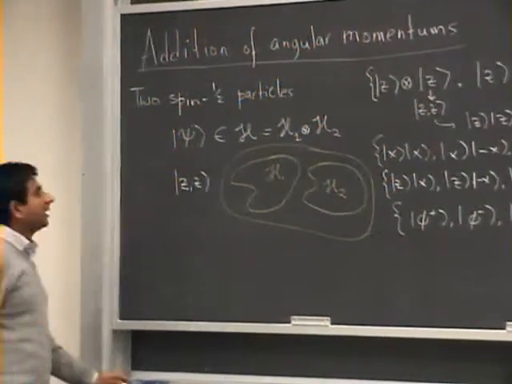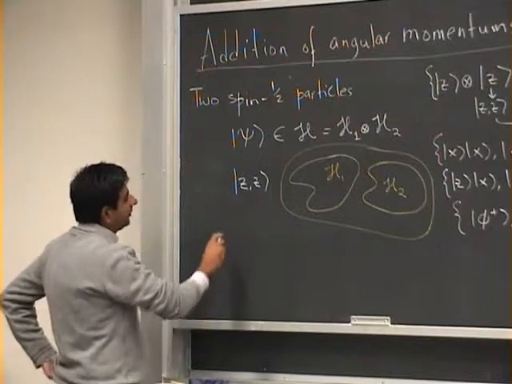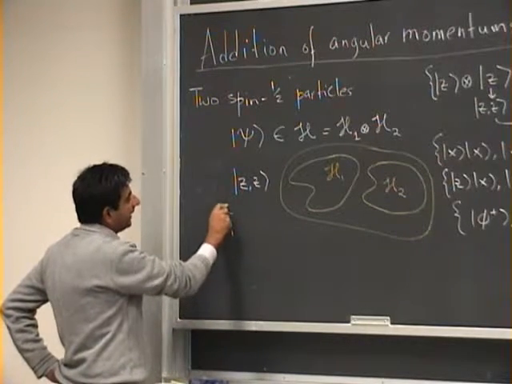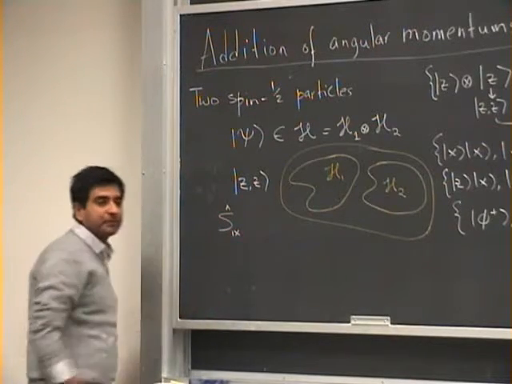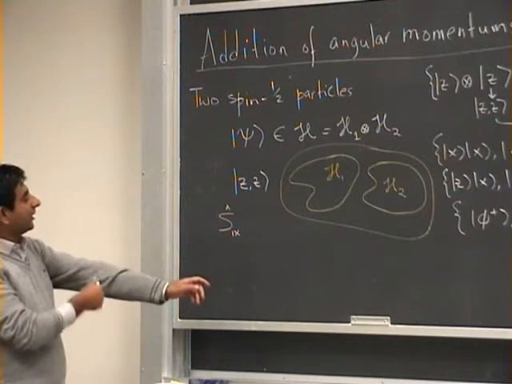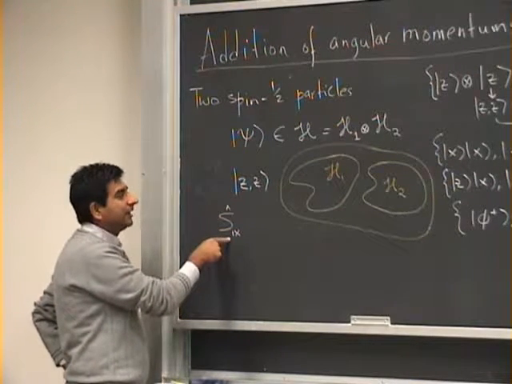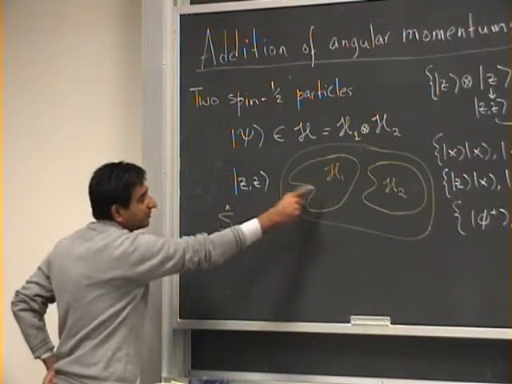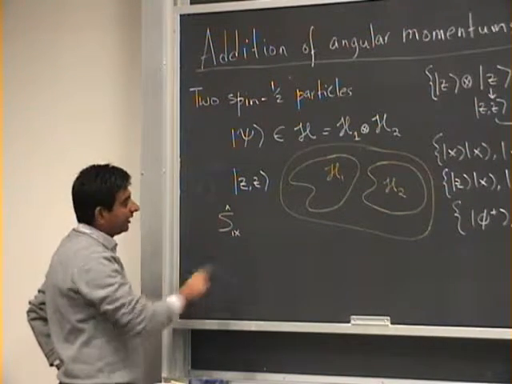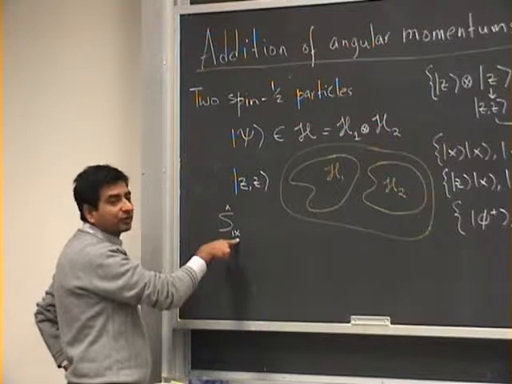Okay. Now, if I would like to define an operator S1x, for example, this operator is defined in such a way that it acts only on the Hilbert space of the first spin, on this Hilbert space H1. Okay? And it's a component of the angular momentum operator in the x direction.